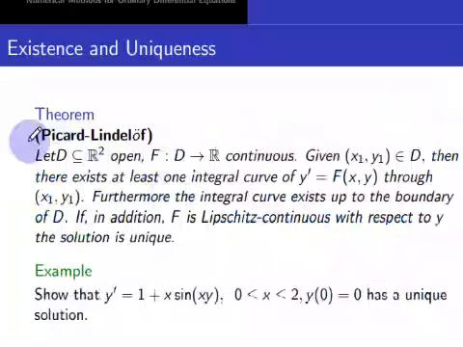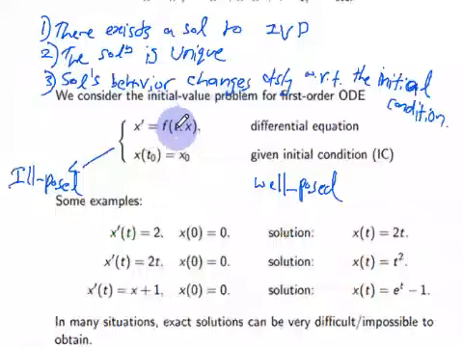So look at this theorem. D is an open set. f is a function on D, and f is continuous. Then there exists at least an integral curve through this. Furthermore, if this function is continuous in that domain D, or differentiable, that is very strong, then we say this has a solution, right?